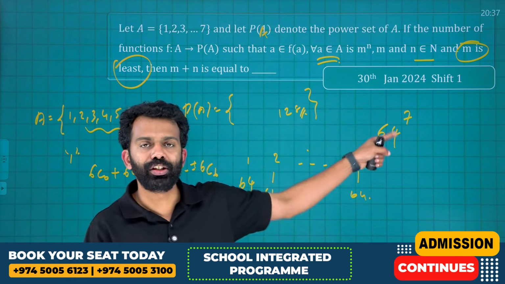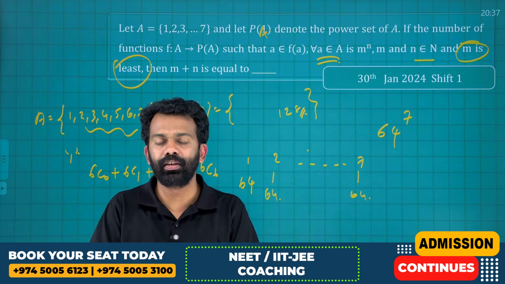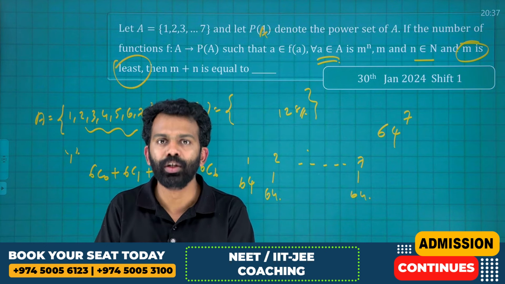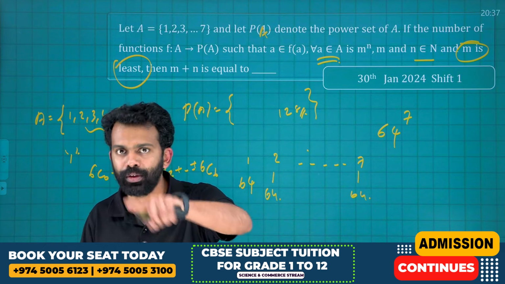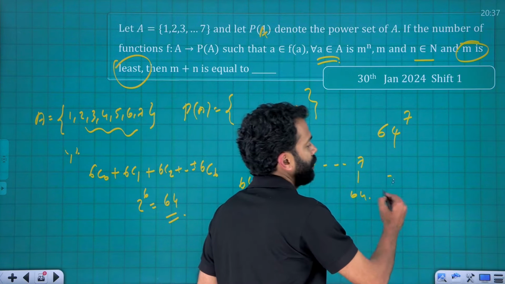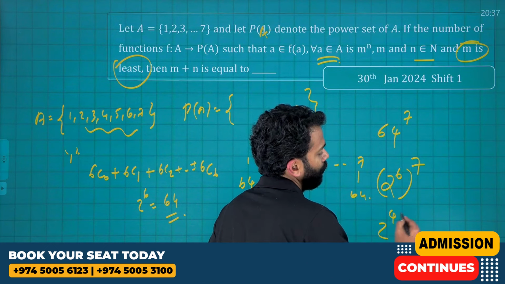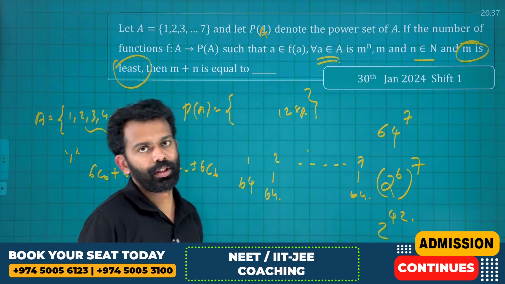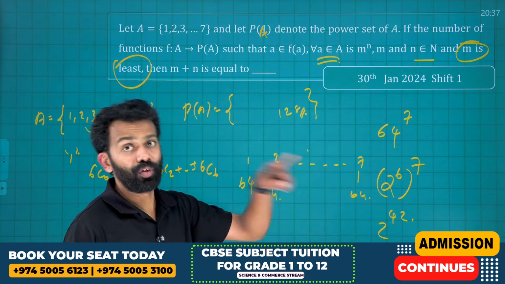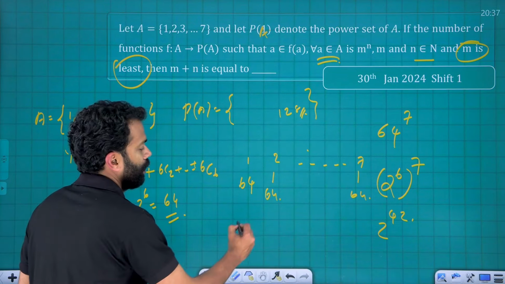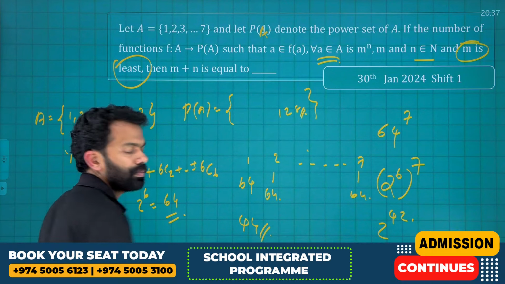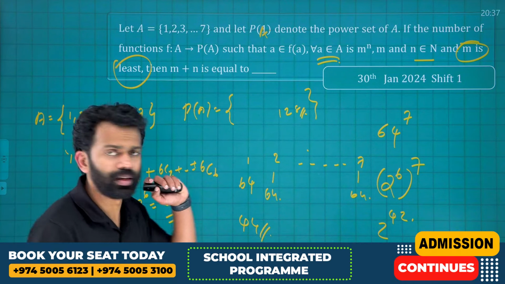So express 64 as a least number, in terms of a prime number if possible. What is 64? 2 raised to 6. That can be further written as 2 raised to 6, the whole raised to 7. That is 2 raised to 42. Now tell me the answer. 44 is the correct answer for this one. Hope you got the idea here, and we can move to the next one.